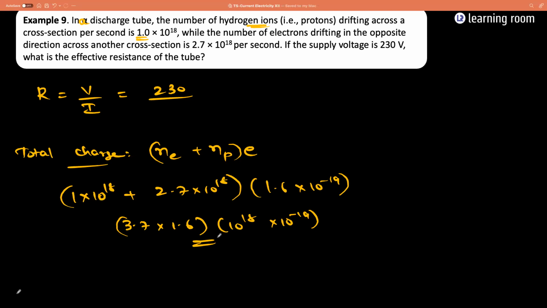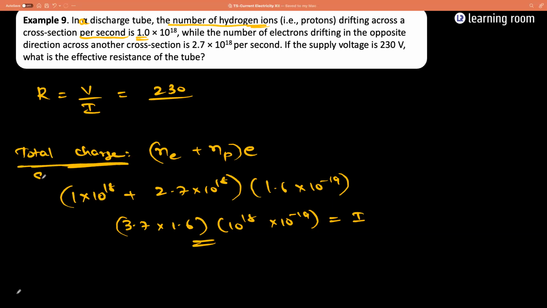But here, observe, read the question carefully. They didn't give us the number, it is the number per second. The charge per second is actually what? It is going to be the current. Guys, are you able to understand what I'm saying? So this is actually not total charge.